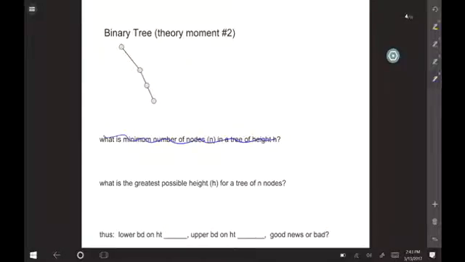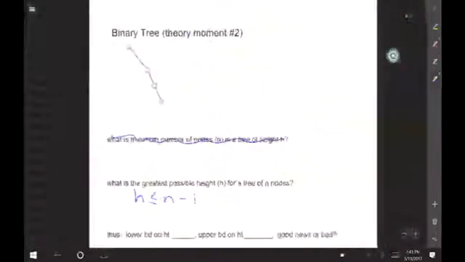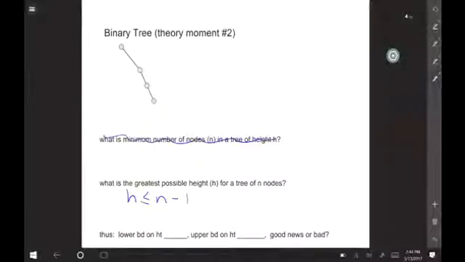So in this case, we would say that the height of our tree is always less than or equal to n minus 1 for n pieces of data. Again, if you blur your eyes and give yourselves all the constants that you need, this is equivalent to saying H is big O of n. That is, it's bounded above by n.